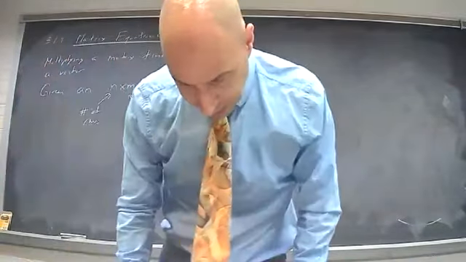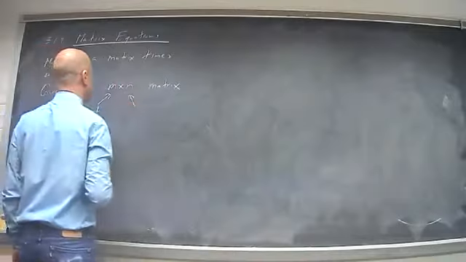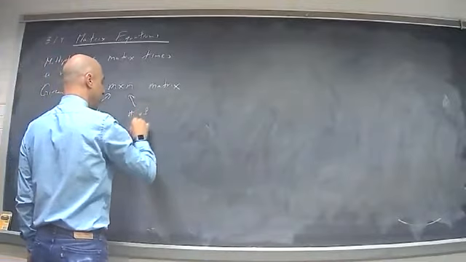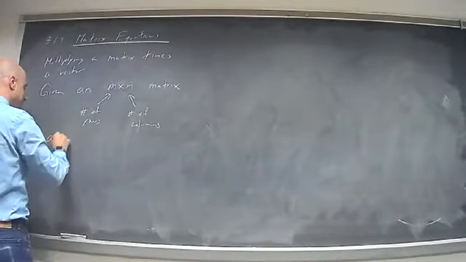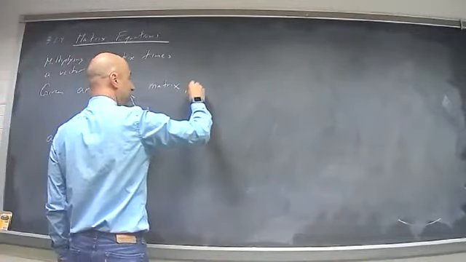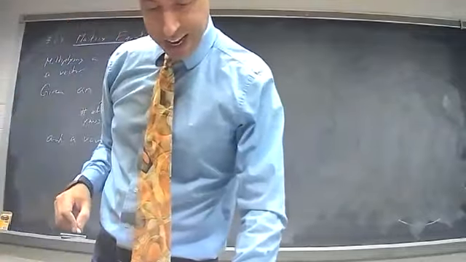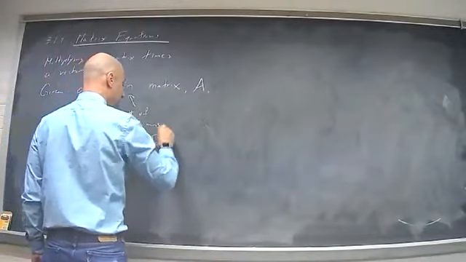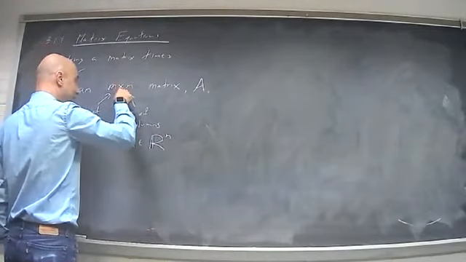Does your book use n by m? They use m by n. I'll use m by n too. So this is the number of rows, and this is the number of columns. And a vector, oh, I guess I should give this matrix a name. I'll call it A. So given an m by n matrix A and a vector x in Rn, so this vector has the same number of entries that this matrix has columns.